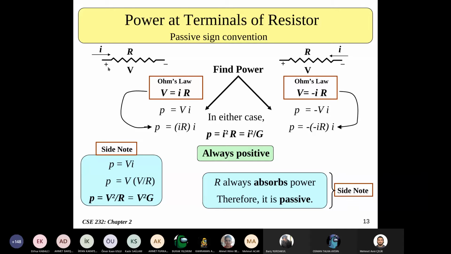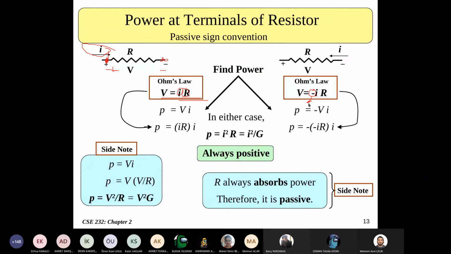The amount of potential required to move this much of electrons from this portion to this portion of the circuitry can be calculated using I times R. If the polarity is reversed, you have a minus here.